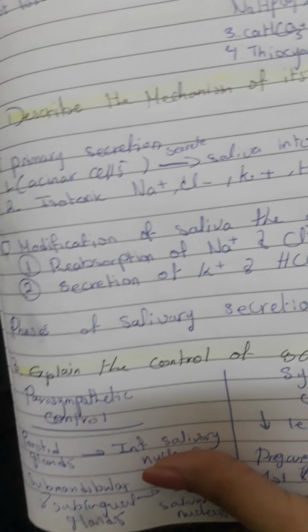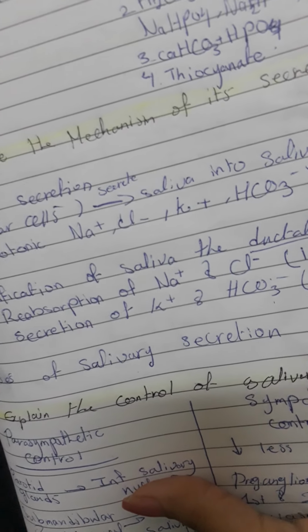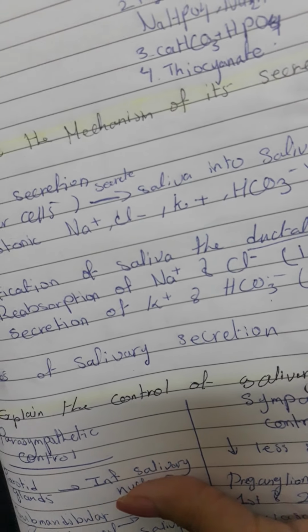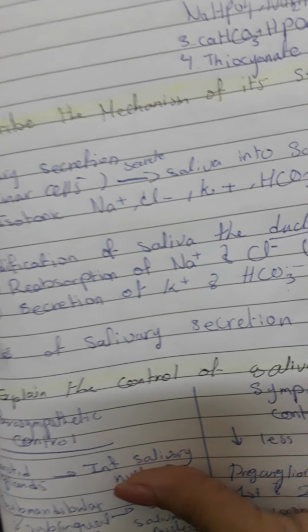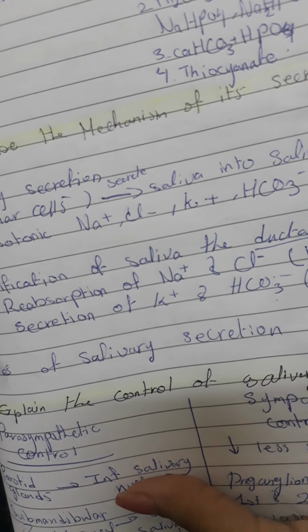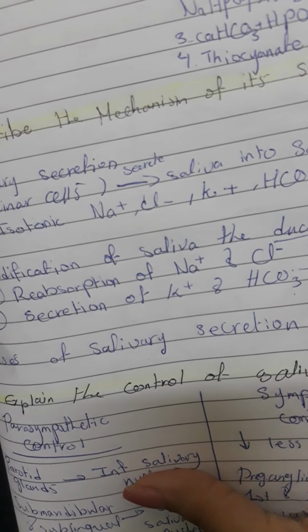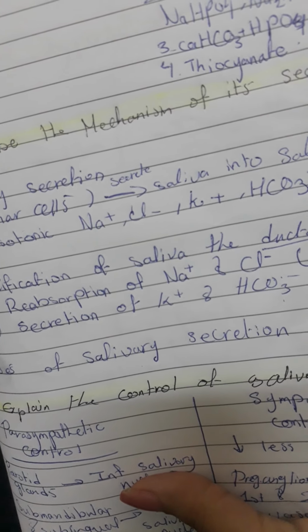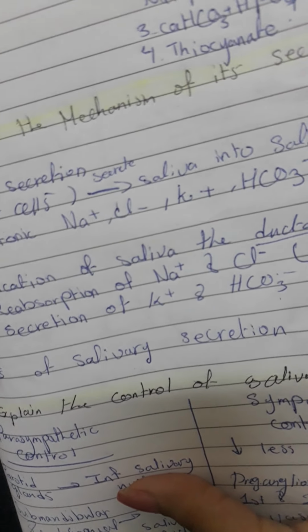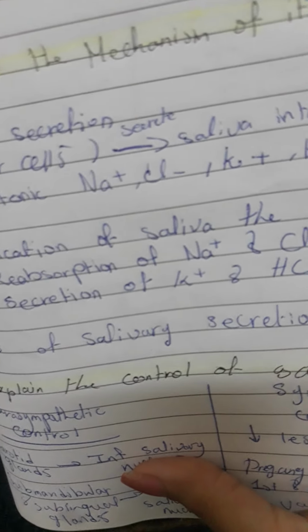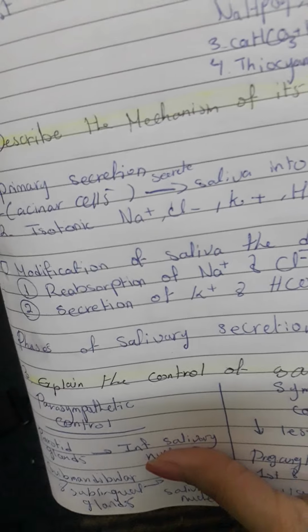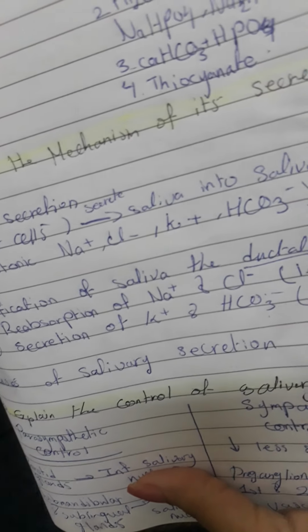The first phase is when we smell the food, called the cephalic phase. The buccal phase is when the food is present in the mouth. Esophageal is when it passes through the esophagus. Gastric is when it is present in the stomach. So these are the different phases of salivary secretion.